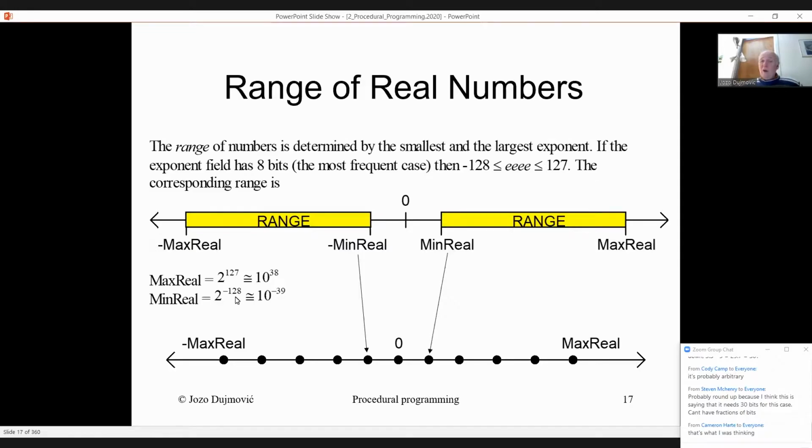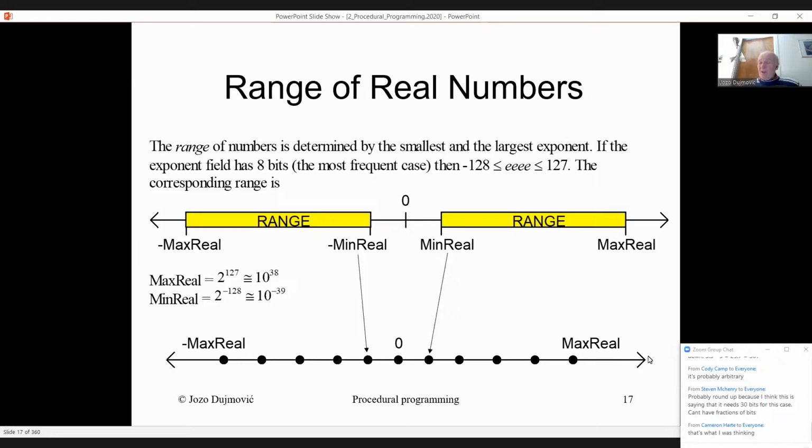And the minimum positive value that you can have is 2 to minus 128, which is approximately 10 to minus 39. So this tells you that real numbers in your computer have a limited range.